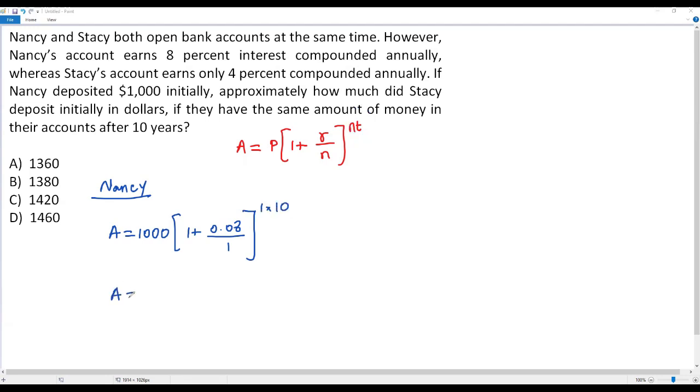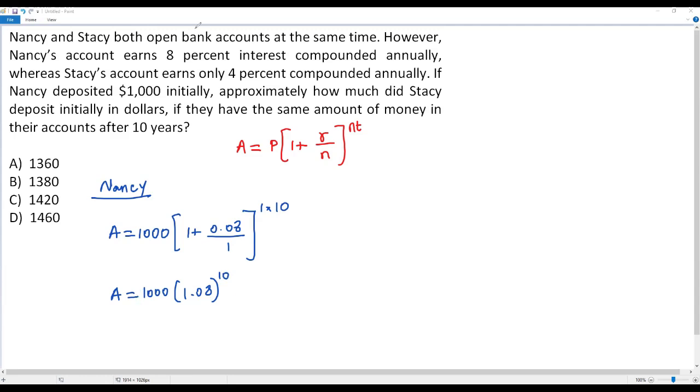Actually 0.08 divided by 1 is 0.08. When I add 0.08 to 1, I get 1.08 raised to the power of 10. The value we have here represents the value of Nancy's deposit after 10 years. We can keep this value as it is and do simplification later.